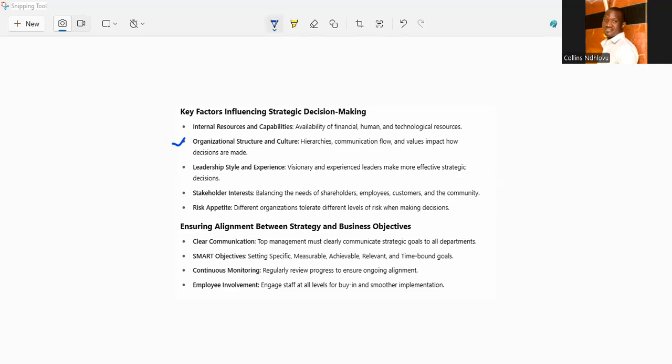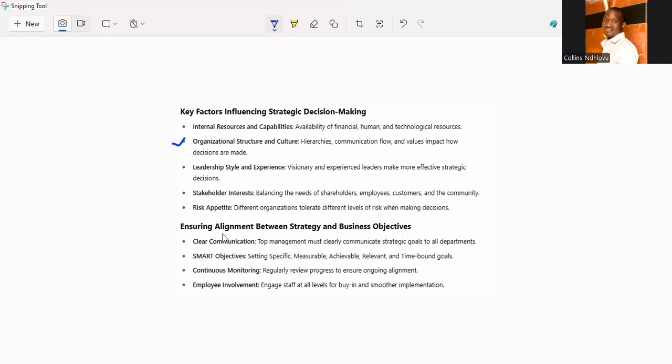A company that has strong cash flows, maybe like Trade Kings, may want to take risks by diversifying in a lot of avenues, producing soaps, drinks, beverages. In contrast, an organization that is facing financial challenges may want to focus on a conservative strategy to reduce costs, just streamline on one aspect of the product line. They are careful when it comes to risks. So these are some of the factors that we have talked about that will affect strategic decision making.